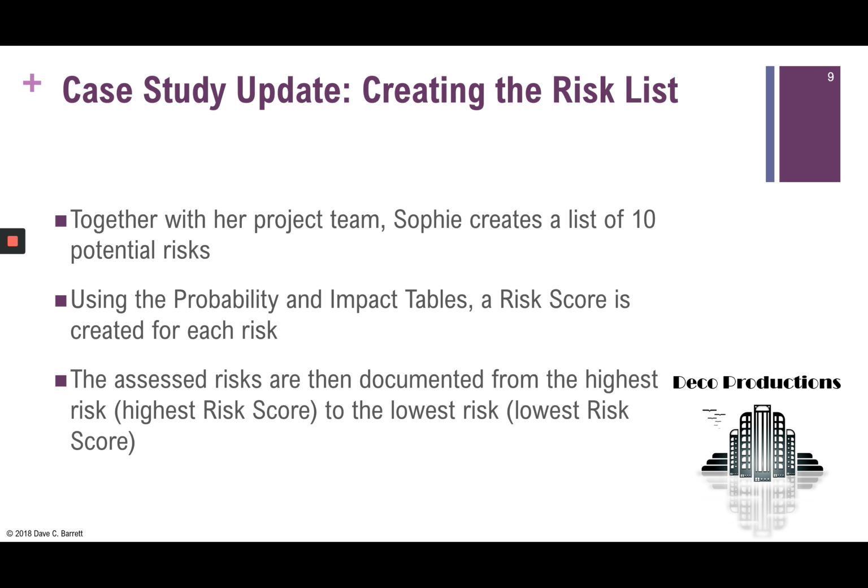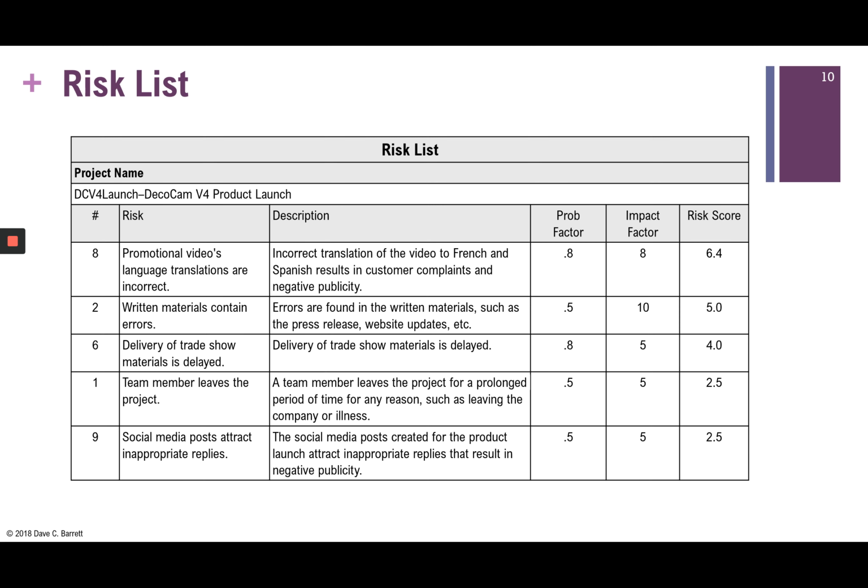The assessed risks are then documented from the highest risk score to the lowest risk score. And that's where the risk scores become important: it allows us to prioritize them from our biggest risks to our lowest risks.